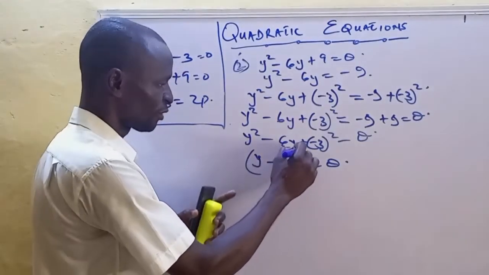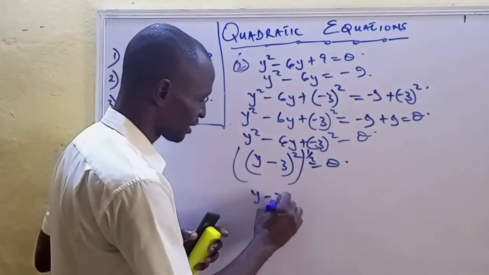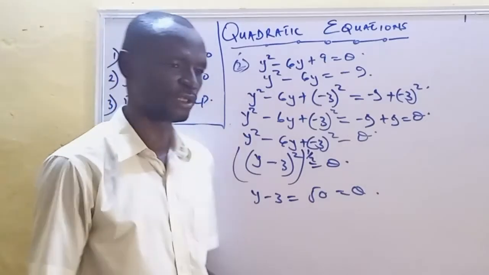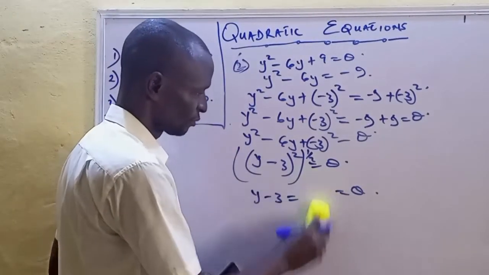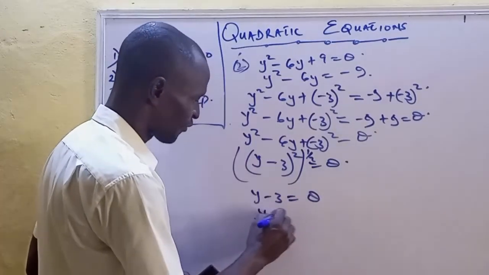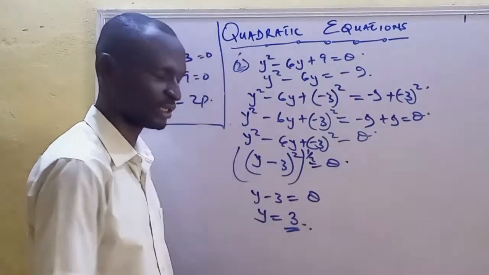By the time I take the square root of both sides, it knocks off the square, so that y minus 3 is equal to the square root of 0, which is 0. And y obviously is equal to 3. Repeated twice.